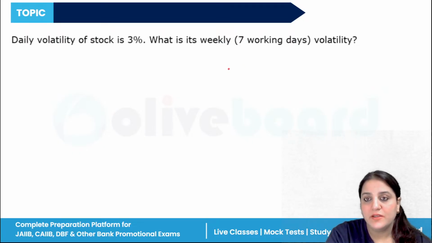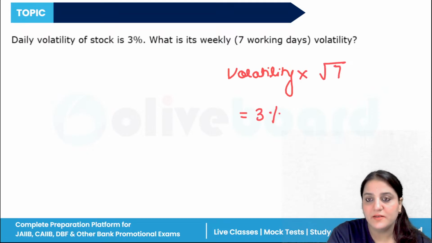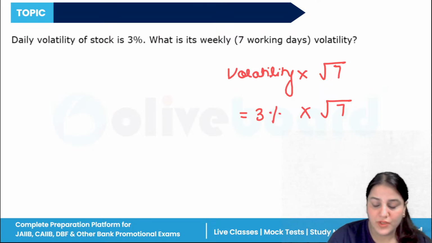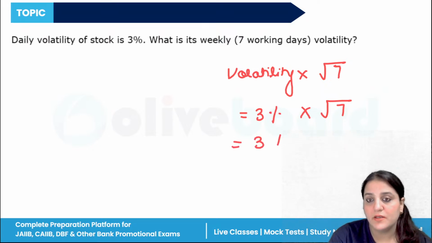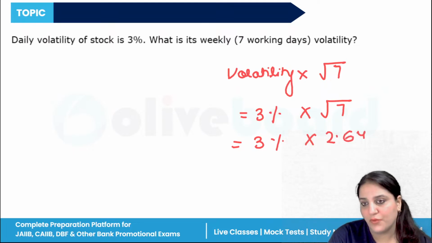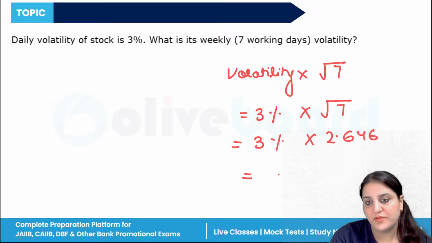We know that the formula is the volatility multiplied by the square root of the number of days. So that is 3% multiplied by the square root of 7. When we do the square root of 7, we get 2.646, and 3% of 2.646 is 0.794%.